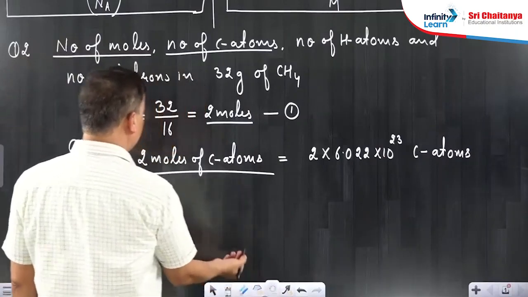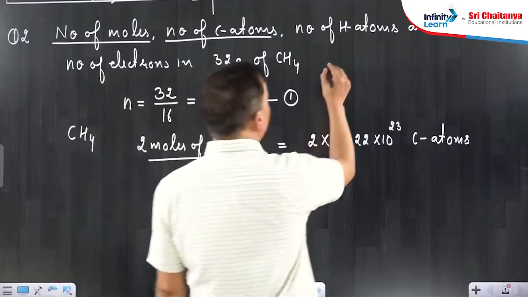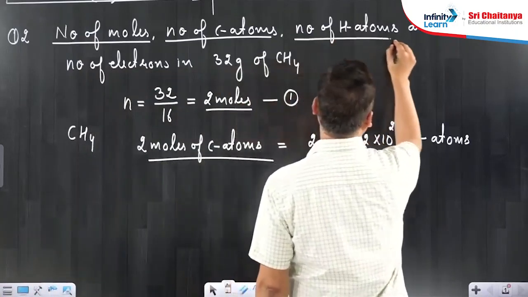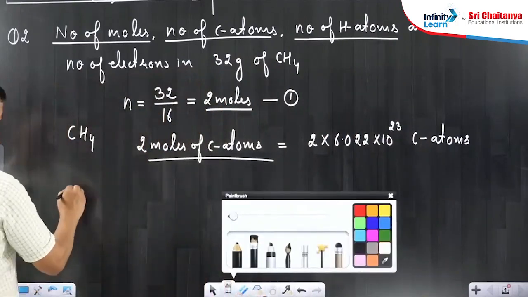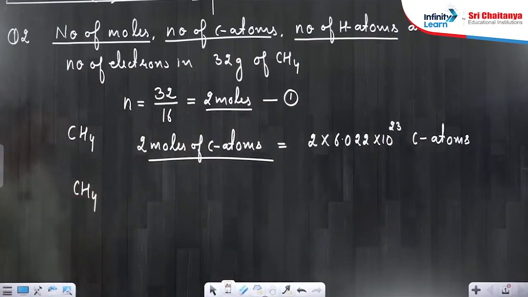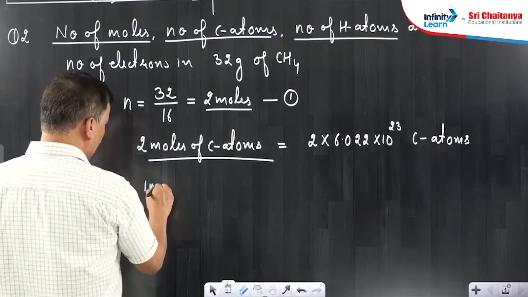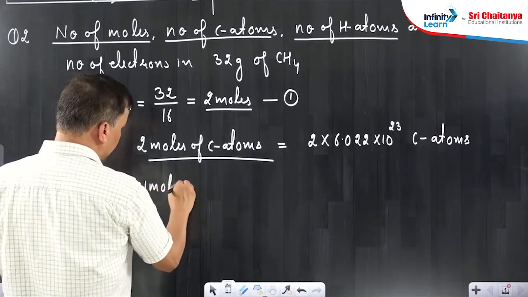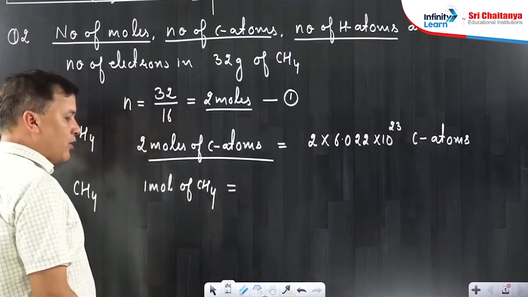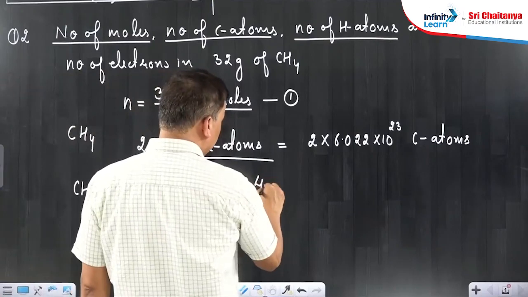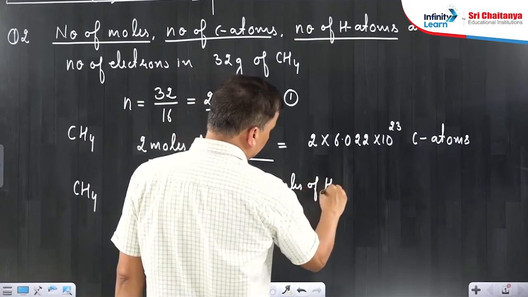Then the second one, what do we have to find out? We have to find the number of hydrogen atoms. Dear student, once again I am asking, in 1 mole of methane, how many moles of hydrogen atoms are there?